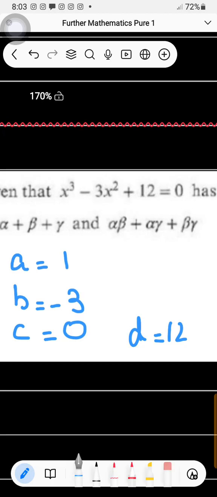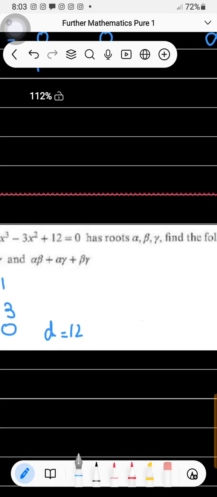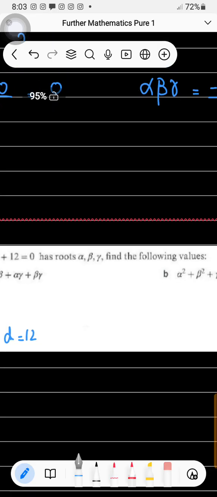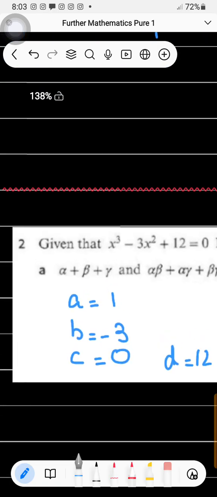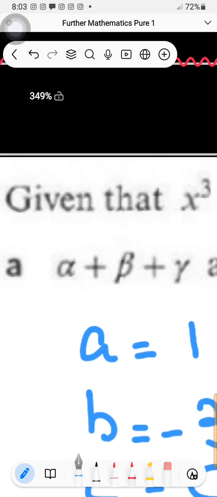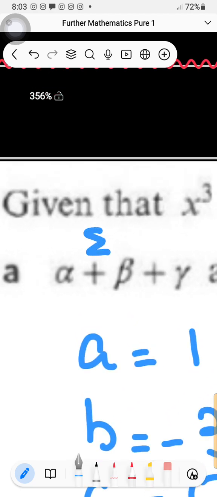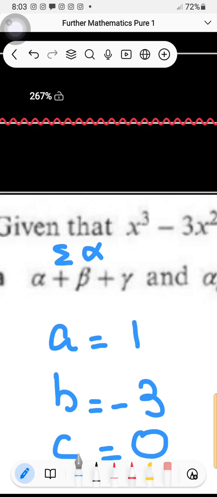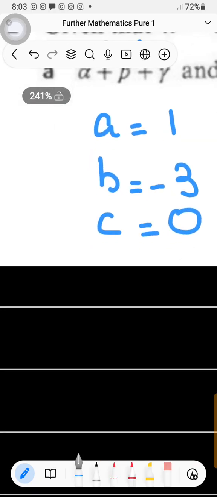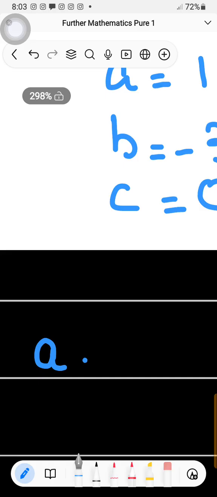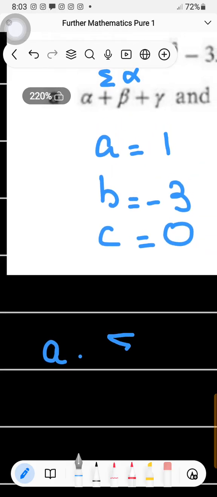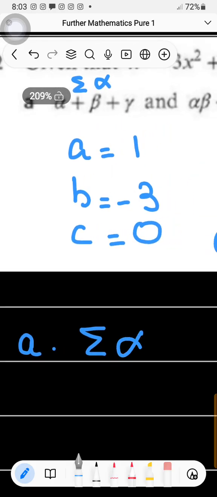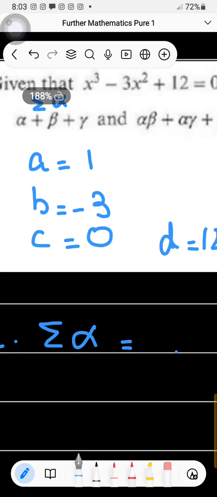After doing this, we can read the question ahead. This equation has roots alpha, beta, gamma. Find the following values. What we have to find? Alpha plus beta plus gamma. This is sum of alpha. We know the formula is negative b upon a, so we will use our formula for sum of alpha equal to negative b upon a.